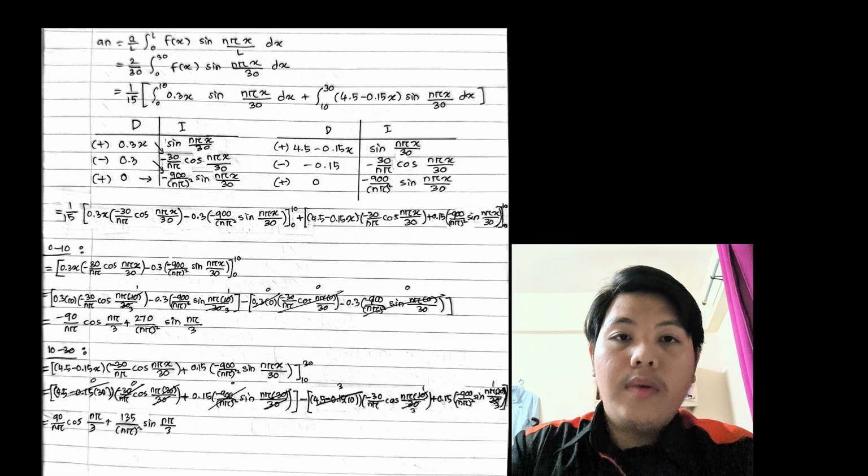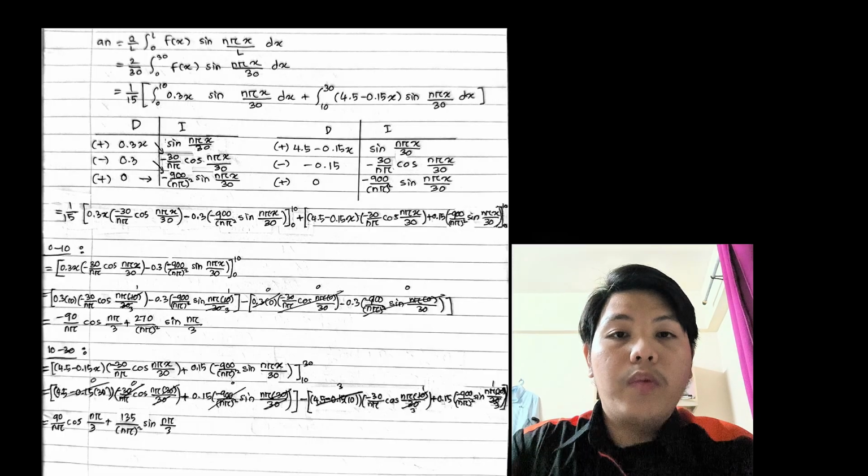(1/15) times the integral from 0 to 10 of 0.3x sin(nπx/30) dx plus the integral from 10 to 30 of (4.5 − 0.15x) sin(nπx/30) dx.